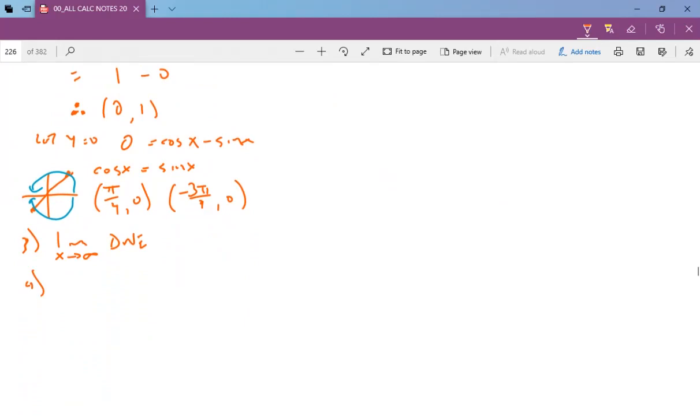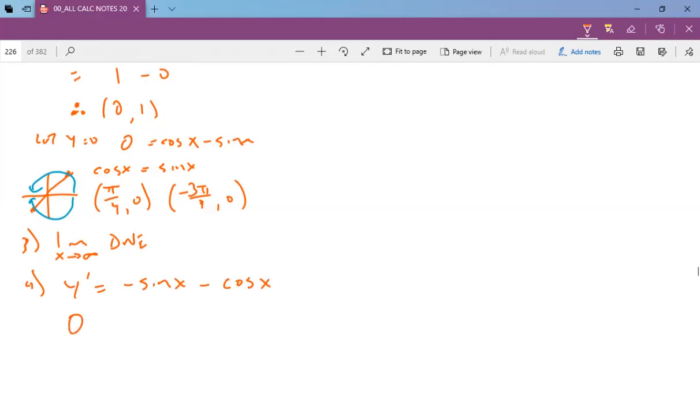So number 4, we've got first derivative test to determine where we are increasing or decreasing. We take our first derivative of this, y prime. The derivative of cos is negative sine, and the derivative of sine is cos x, so it's negative sine x minus cos x.